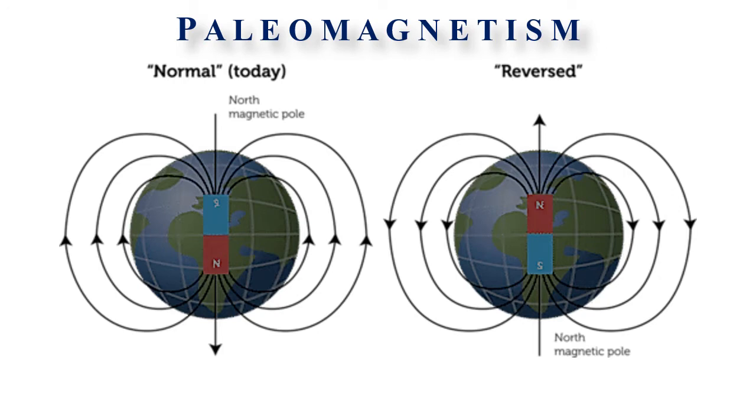By studying both the horizontal and vertical components of remnant magnetization, one can tell not only the direction of magnetic north at the time of the rock's formation, but also the latitude where the rock formed relative to magnetic north.